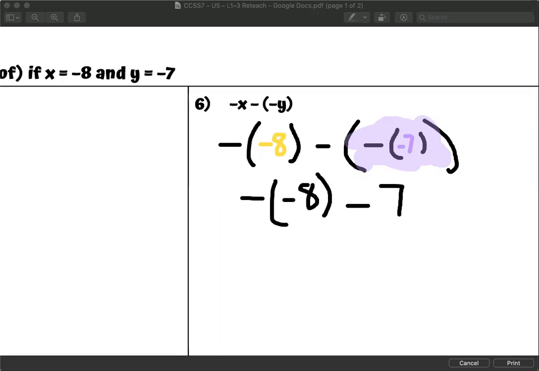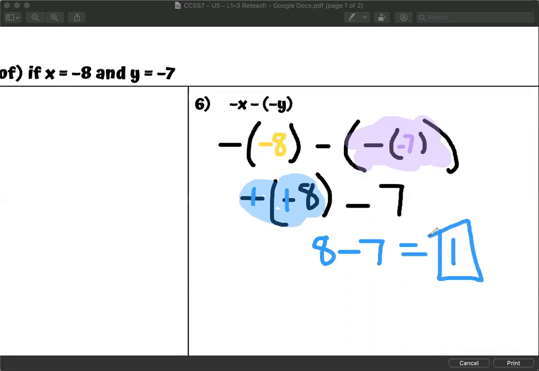Let's simplify again. We've got this minus -8. Whenever we see minus a negative, that really means a positive. The opposite of a negative is a positive. So we have +8 minus 7 equals 1. So our final answer is 1.